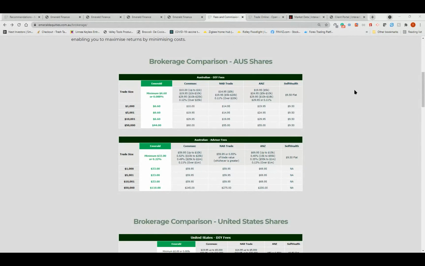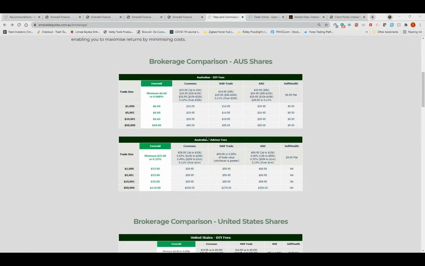If I go across to the Australian market, you can see here that we're also very competitive. Our minimum is $6.60 or 0.088% of the value of your trade. So you're paying $6.60 all the way up to 10 grand. You don't kick into that percentage until you get a bit over that amount.